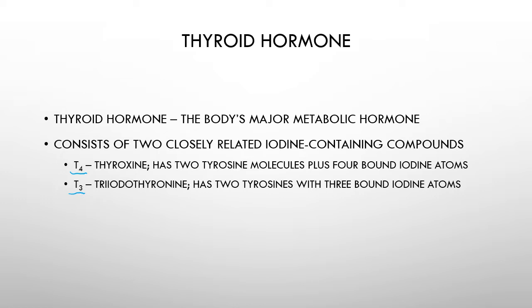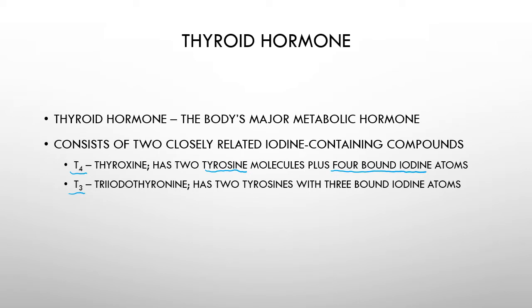One of the major components of thyroid hormone is tyrosine. When we have tyrosine, we're going to combine that together with iodine. With T4, we end up having 2 tyrosine, and then 4 iodine bound to it.